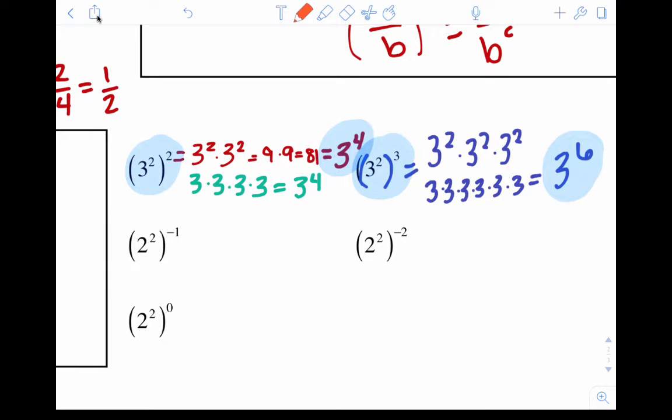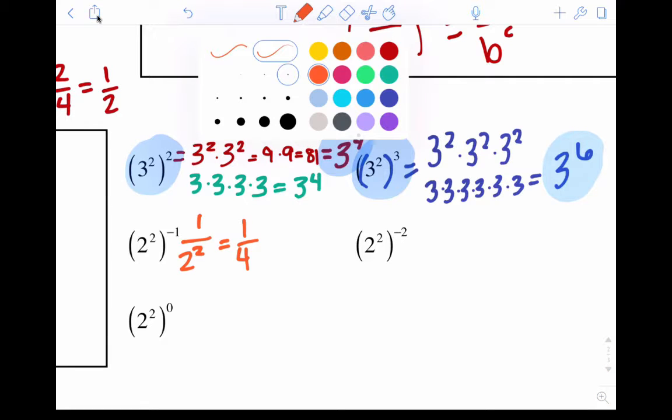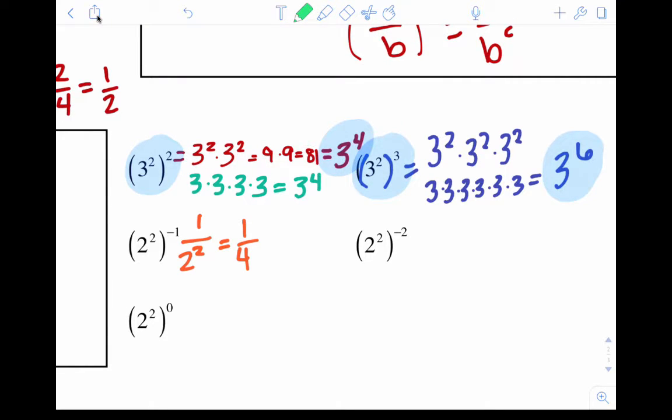So I have 2 squared to the negative first. Well, to the negative first, I'm just doing 1 over 2 squared, which is 1 over 4. If I were to multiply them, I would have done 2 to the negative second, because 2 times negative 1 is negative 2, which is 1 over 2 squared, and that's 1 over 4.